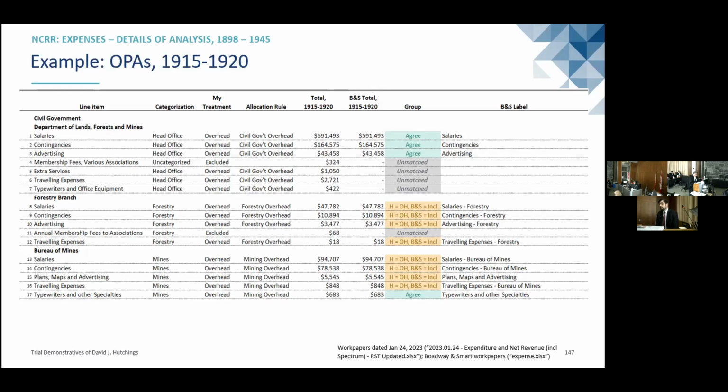And we agree, we being me and Professors Bodway and Smart, that overhead is the correct way of approaching salaries, contingencies, and advertising. The next 4 rows are unmatched. What does that mean? It just means sometimes in Professors Bodway and Smart's data, they aggregated some of the smaller items and it shows up as a different line item. So I wasn't able to match it to my data.